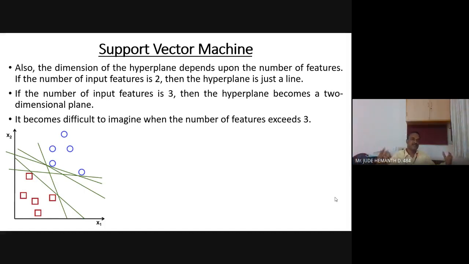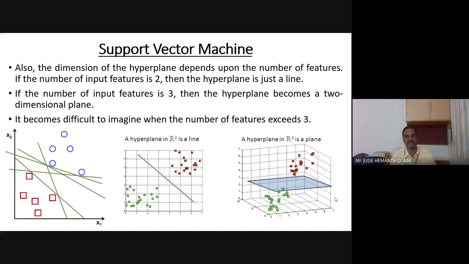That means there is a good difference between my circles and squares. So whenever I go for testing, there will be a good chance that it will fall under circle or it will fall under square. On the other hand, if there is a circle and a square very close to each other, if the distance is very small, then whenever I have a testing data, there may be confusion whether it belongs to circle or square.